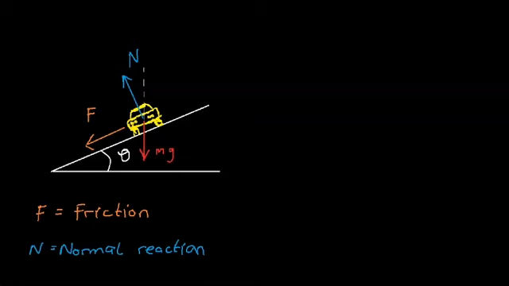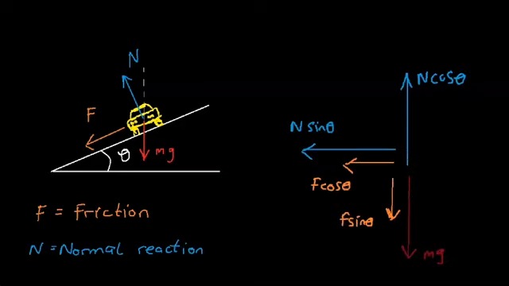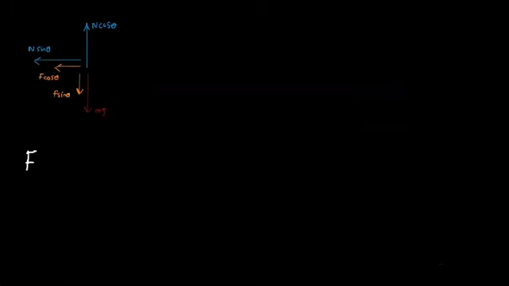Now, if we resolve these forces into horizontal and vertical components, what we get is something that looks like this. Now, the total horizontal force available to provide centripetal acceleration is given by F cos θ plus N sin θ equals mv² over r.